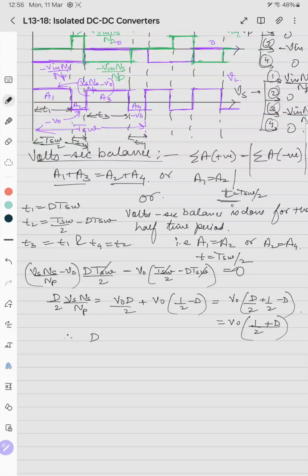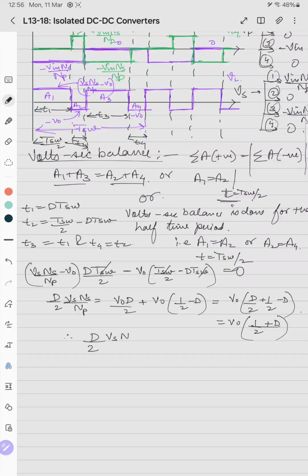So therefore D by 2 into Vs, what is it?